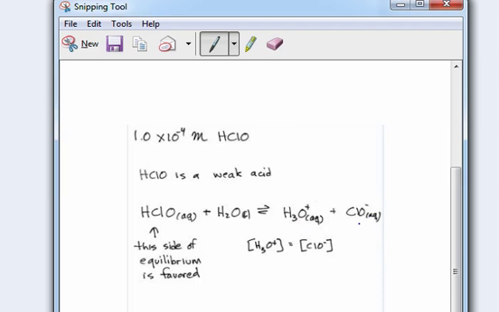Even though when we use an ICE chart, we assume that they're the same concentration, hydronium actually has a slightly larger concentration because there is already 1 times 10 to the minus 7th molar hydronium in the water to begin with. So that would not make any difference in terms of significant figures, but in terms of ranking it for the purposes of getting through the homework, we have slightly more hydronium than the conjugate base.